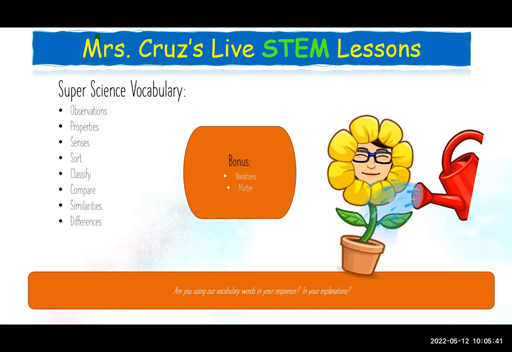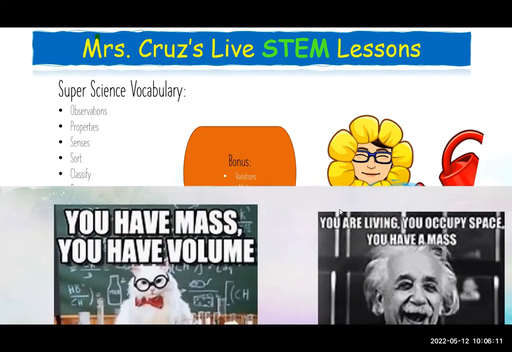It makes you sound like a real scientist. Here we go. Observations, properties, senses, sort, classify, compare, similarities, differences, and our bonus words, variation, and a new one, matter. We're going to talk about what matter is. We want to make sure that you're using your vocabulary words in both your DBAs, your oral responses, that means you're talking, and also your written responses.